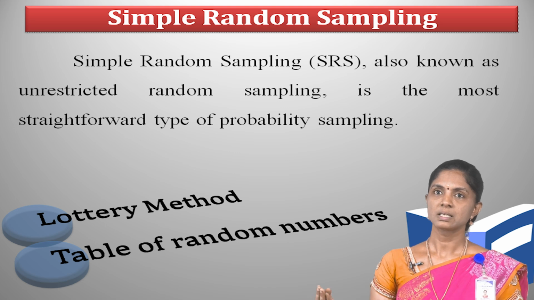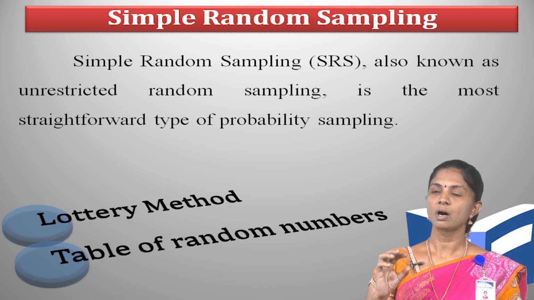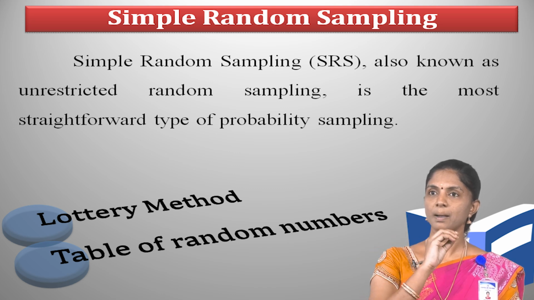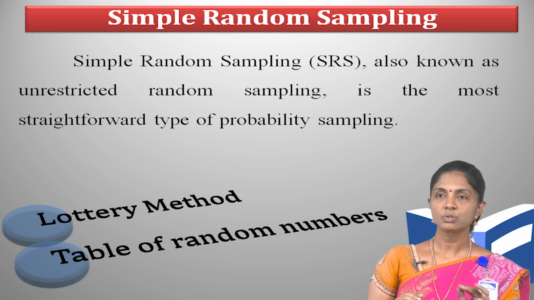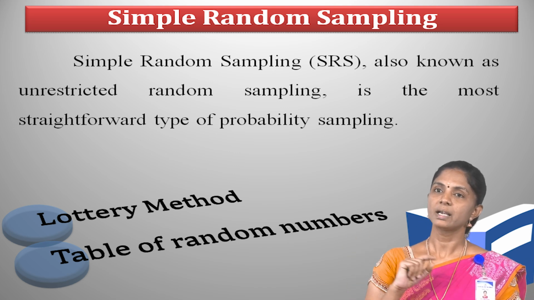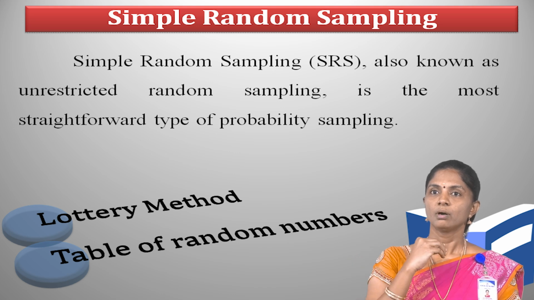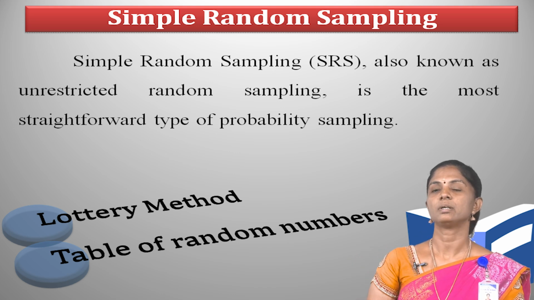Second method is the table of random numbers. The units of the population are first assigned numbers for identification. Consecutive numbers are noted from the table of random numbers. Those units of the population constitute the sample.